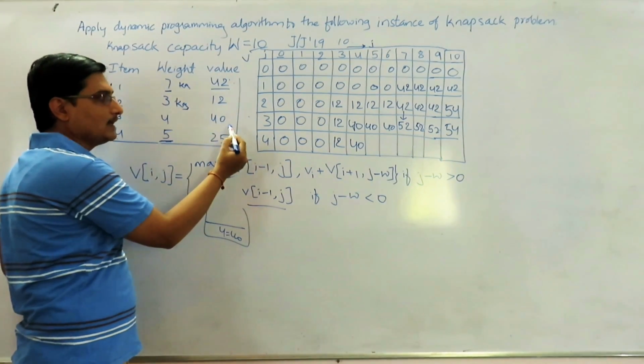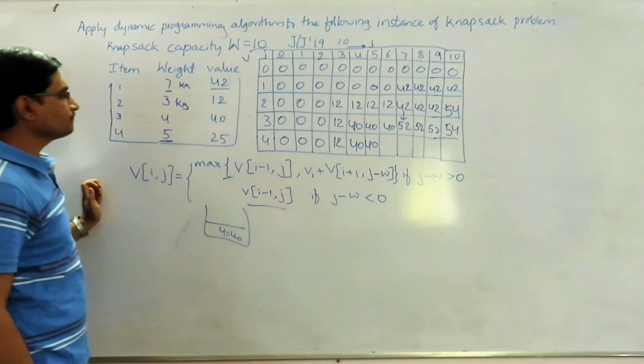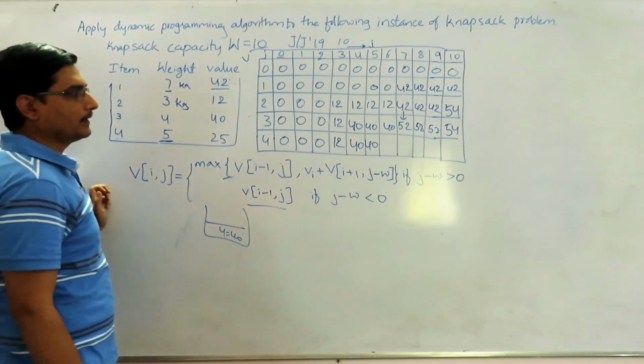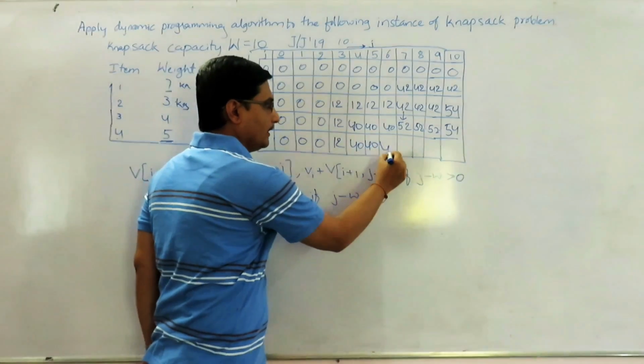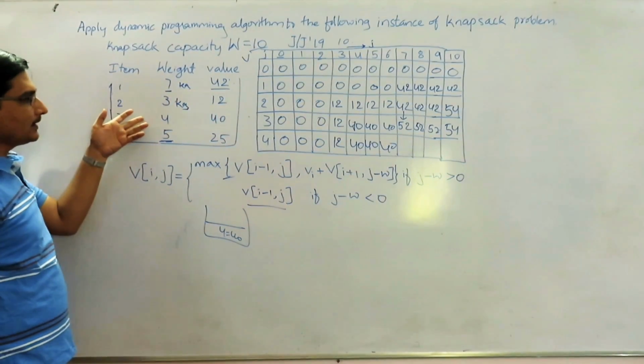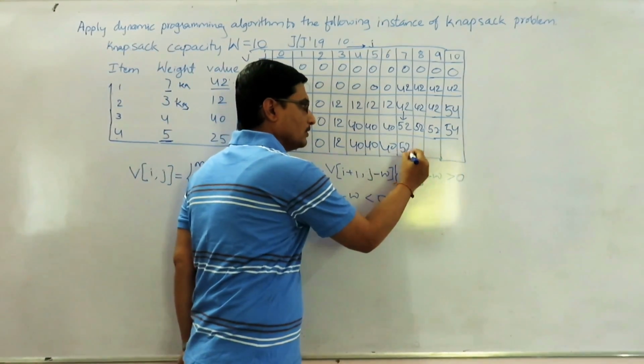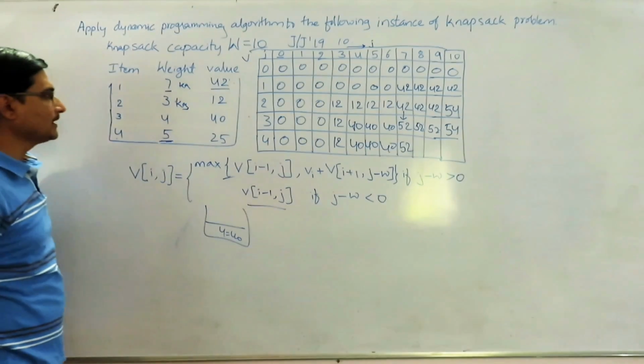But the previous value is already 40, so we go for this only. 40, 40, and when it is 7, can we go for any other combinations? No, the previous value 52 is greater, so we will go for that only.